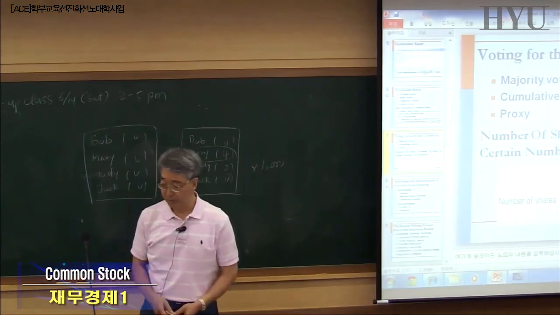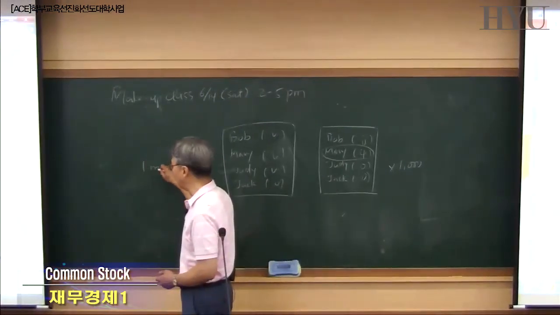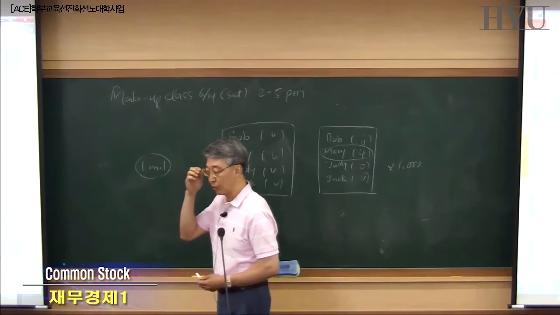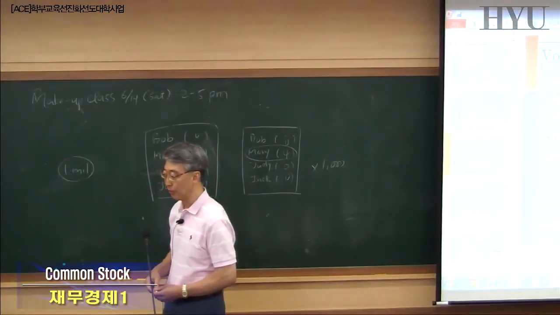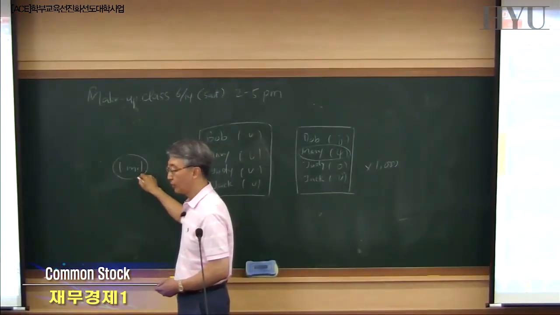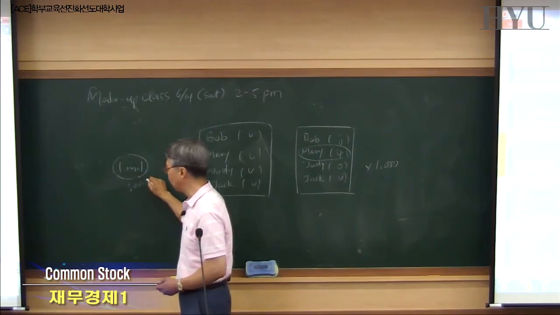In other words, outstanding shares may be 1 million, but not all 1 million shares may actually participate in the vote, right? If only half of the shareholders participate in the voting, then that's 500,000.